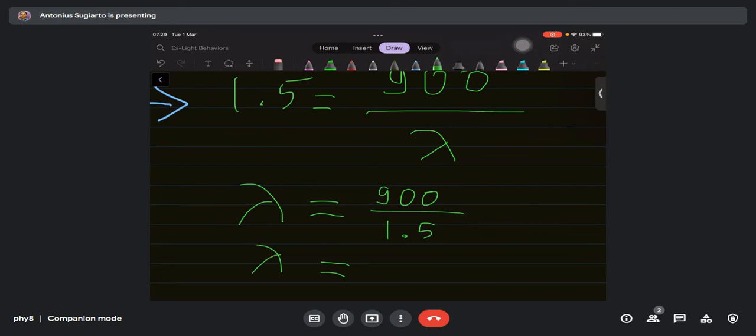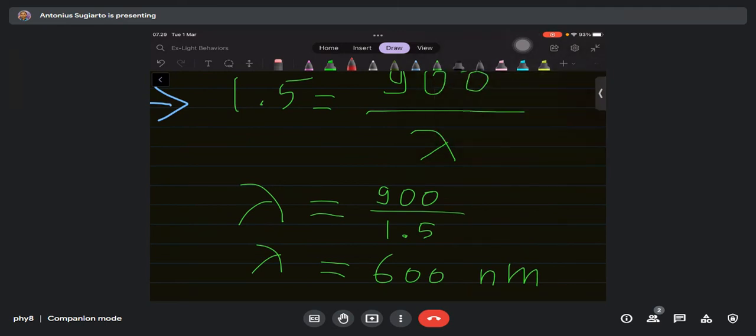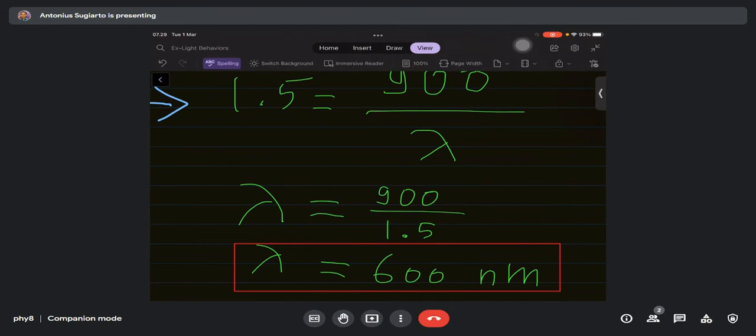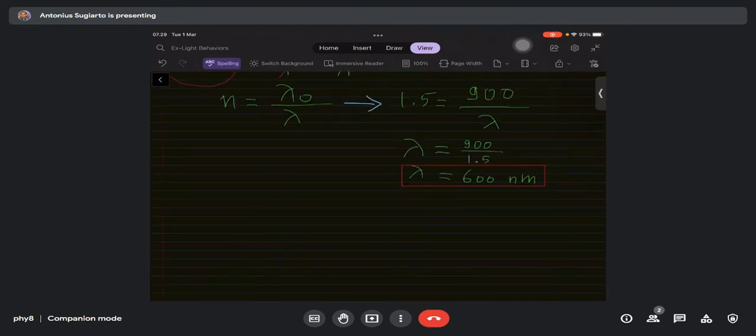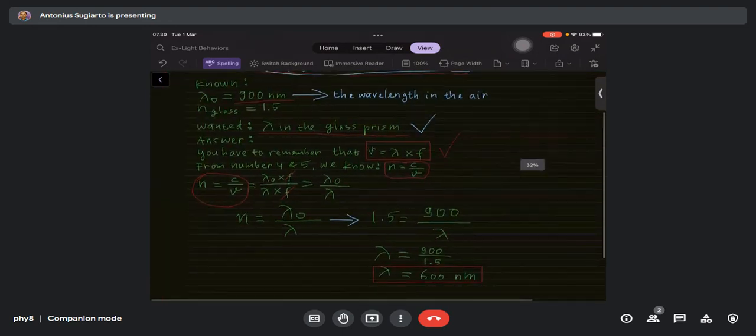Lambda equals 600 nanometer, because the unit is nanometer. This is the final answer.